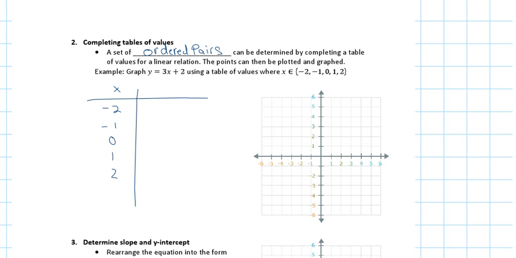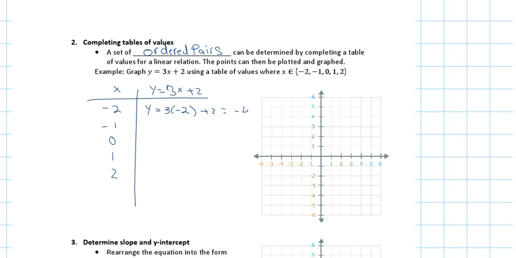And then what we have to do to find the y value is plug in the value of x in your equation. So x in this case is -2. You plug in -2 for x, and you solve. So 3 times -2 is -6. Add 2, that is -4.